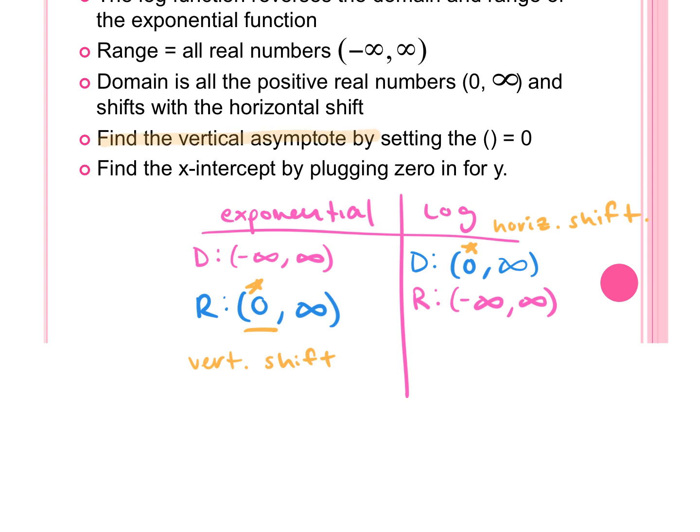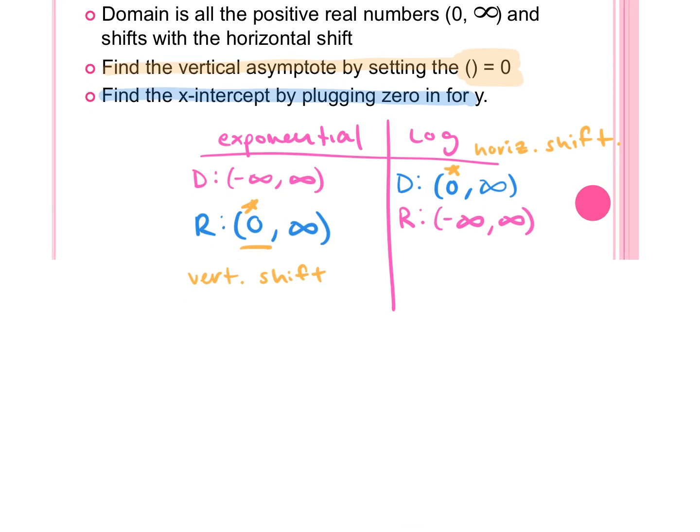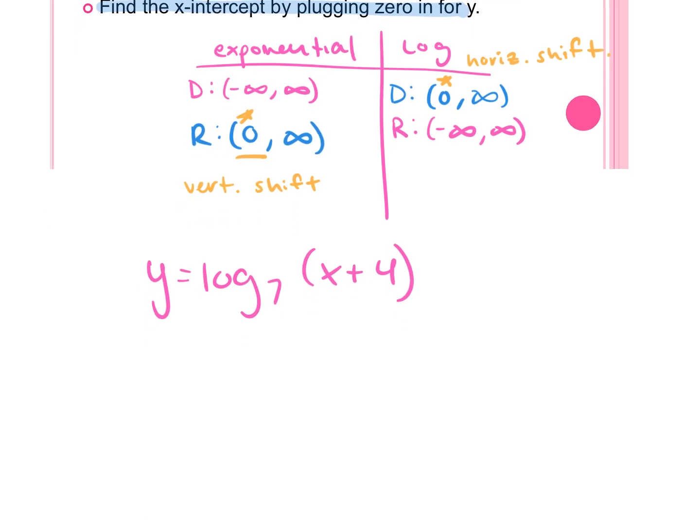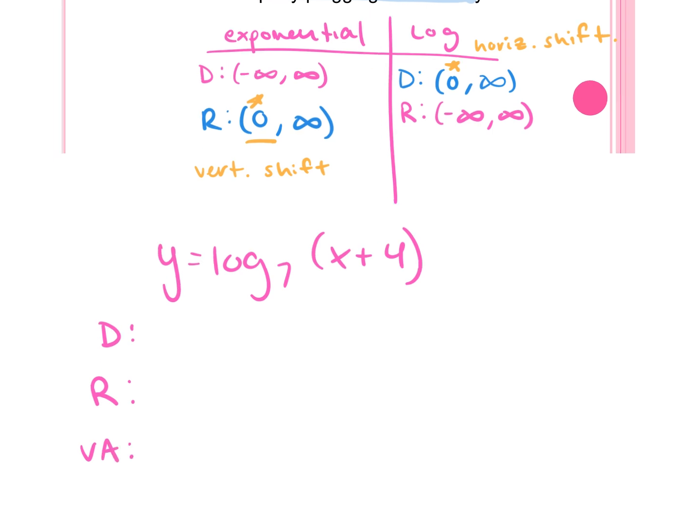To find the vertical asymptotes, we set the parentheses equal to 0. And to find our x-intercept, we plug in 0 for y. So I'm going to do an example down at the bottom. Let's say we had y equals log base 7 of x plus 4. Let's find our domain, range, vertical asymptote, and x-intercept.